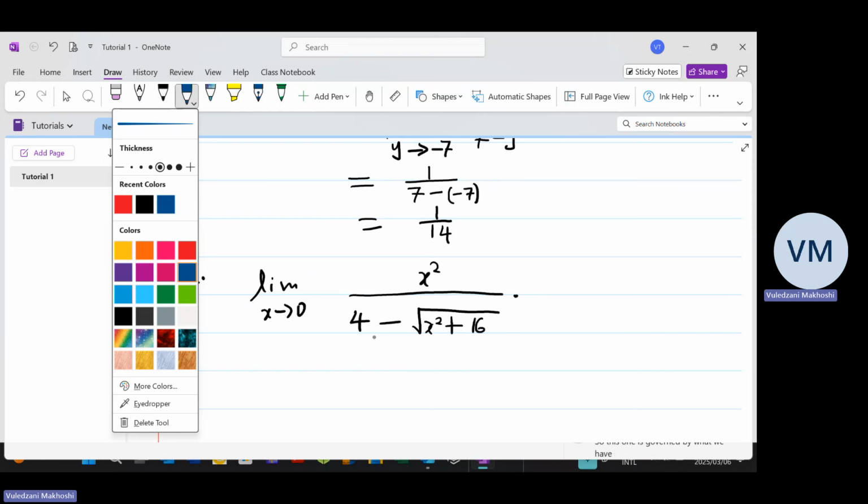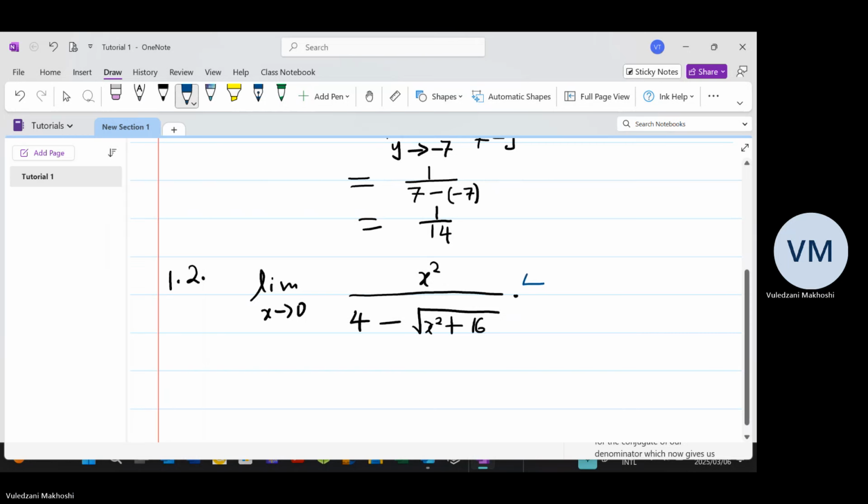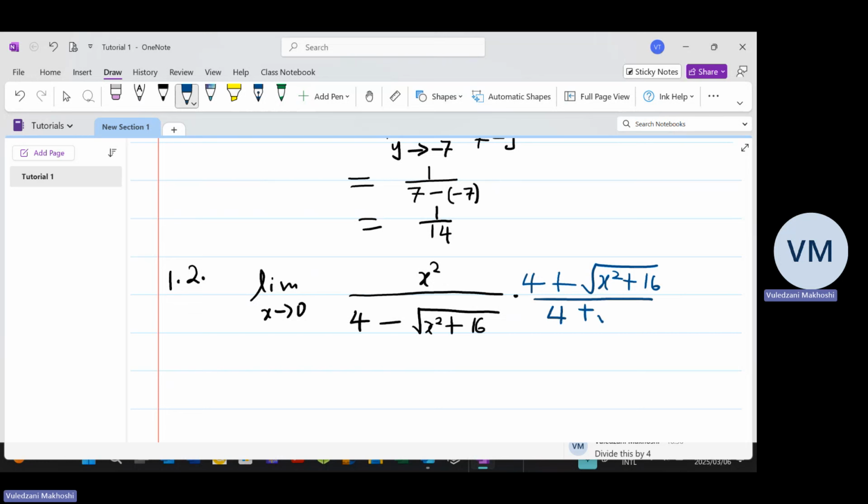In other words, we look for the conjugate of our denominator, which now gives us 4 plus the square root of x squared plus 16. Divide this by 4 plus the square root of x squared plus 16. Like that. This is equal to the limit.